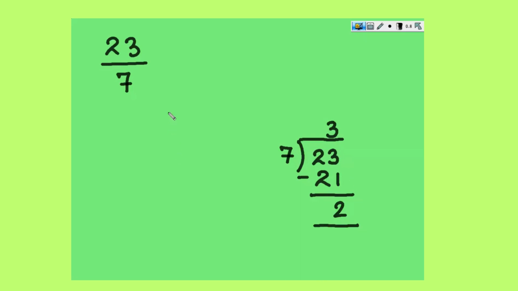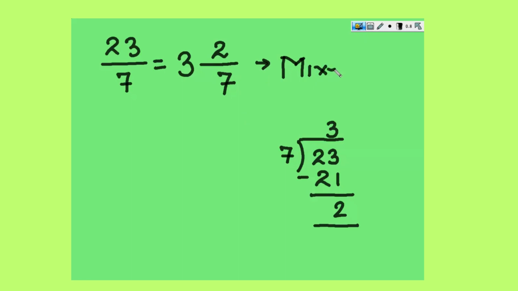So over here I give an equal to sign. This quotient 3 comes over here as an integral part or whole number part. The 2, which is the remainder, comes here, and the 7 comes like this. So this is converting an improper fraction into a mixed fraction. This kind of fraction is called a mixed fraction.